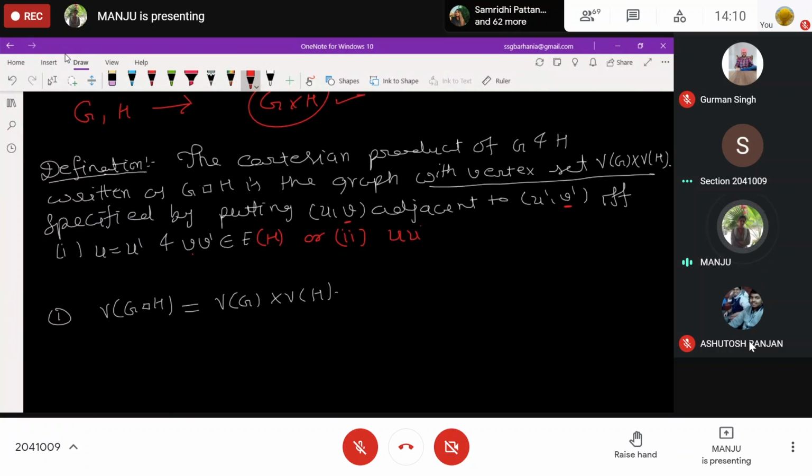Or second one, U U dash belongs to the edge set of G and V is equal to V dash. Clear or not clear? So what is the second condition?